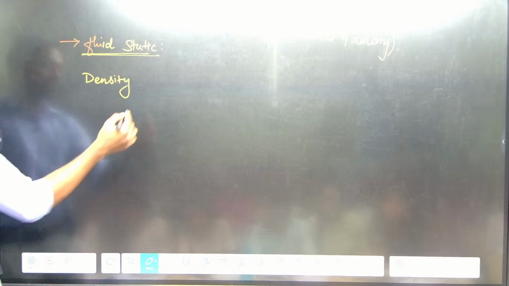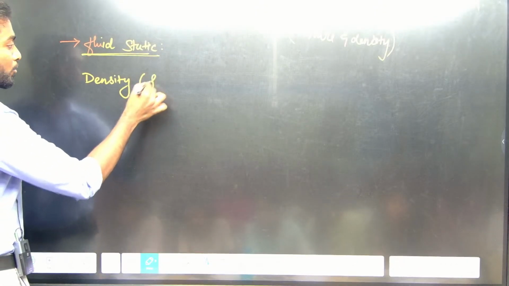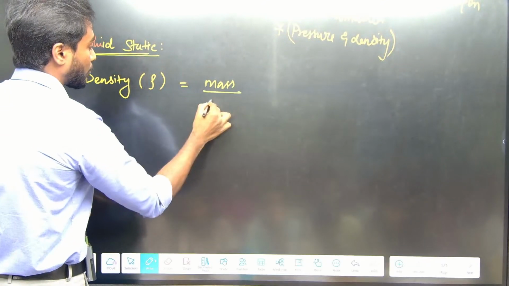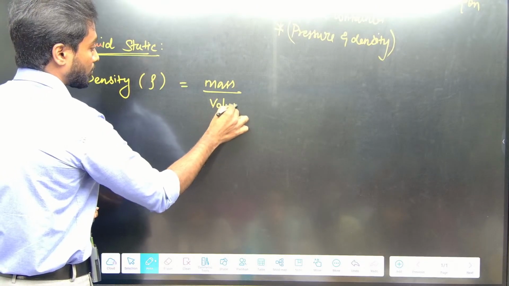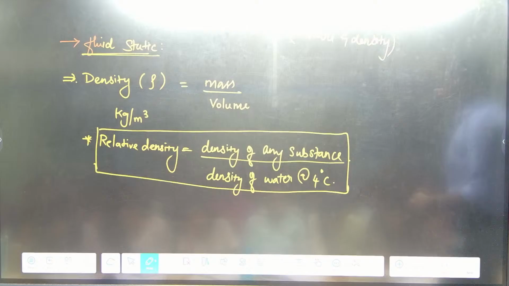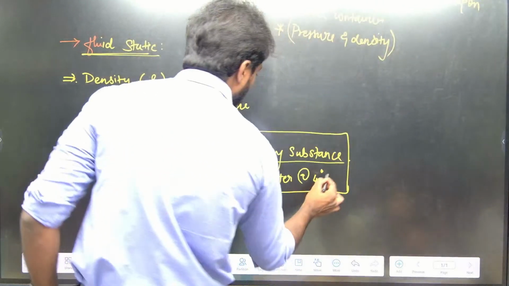Density will usually be denoted by the letter rho or else d. Mostly we'll use the letter rho. So density is nothing but the ratio of mass and volume. Why particularly at 4 degrees Celsius?